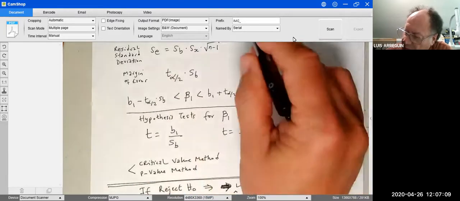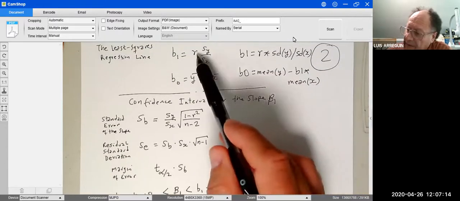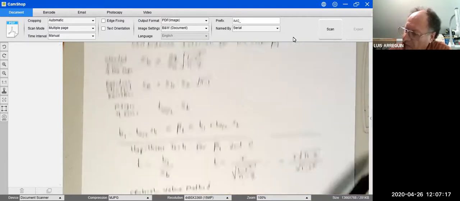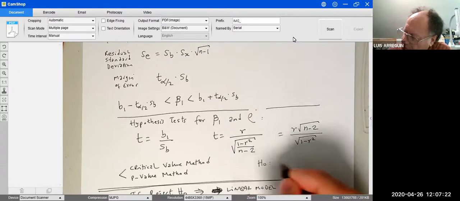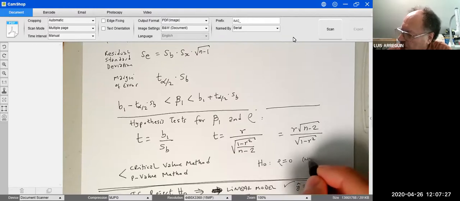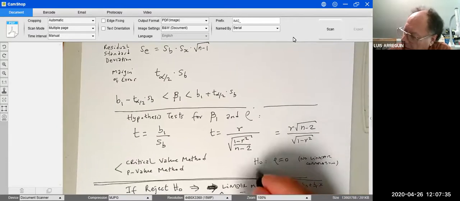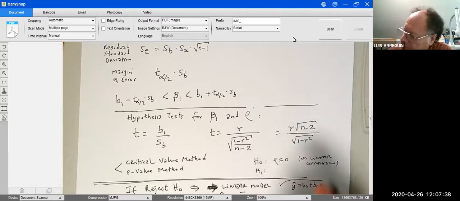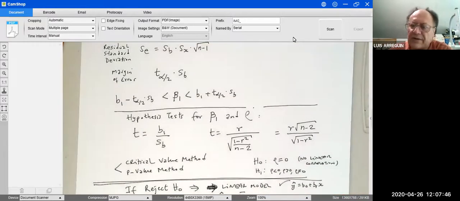So you go directly from your linear correlation coefficient to compute the statistic, and then you just have your null, which is going to be that rho equals 0, so that means no linear correlation between x and y, and your alternative is going to be either less than 0, greater than 0, or different than 0, the three possible choices.